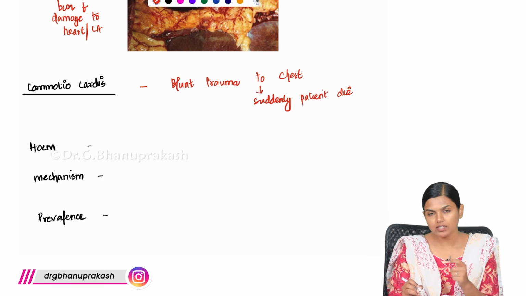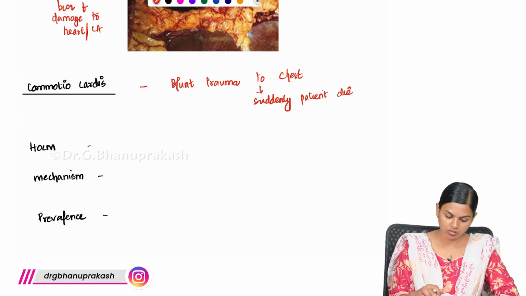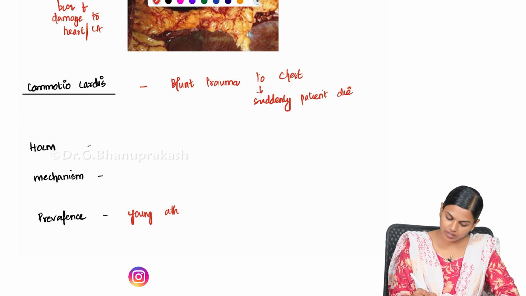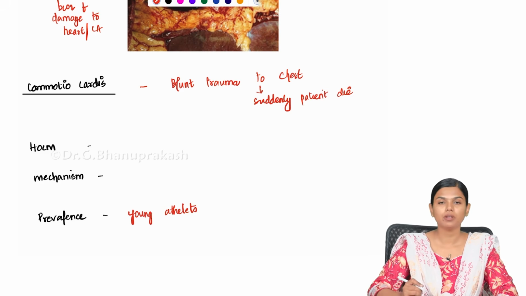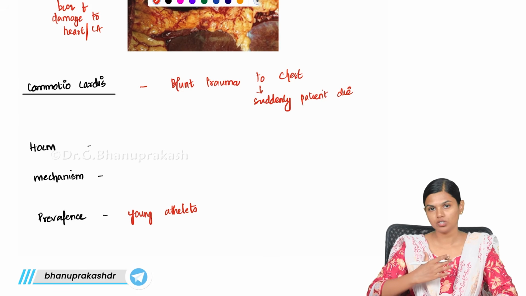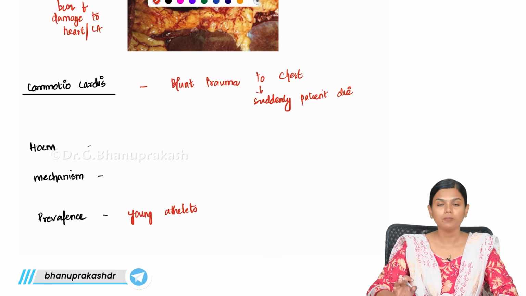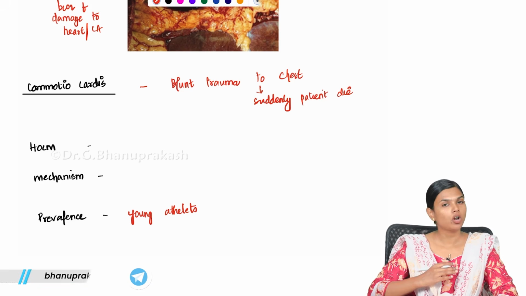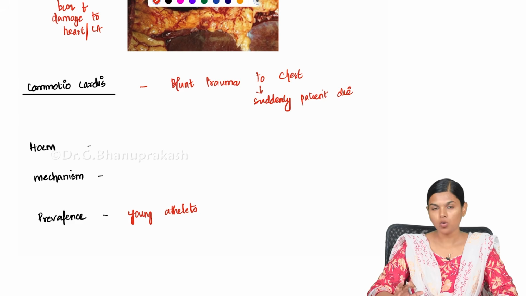This is commonly seen in young athletes. They will be playing football or rugby or something, and there will be sudden impact over the chest region, blunt trauma only. But what will happen? They will suddenly go into arrest and they will die. There will not be anything significant.